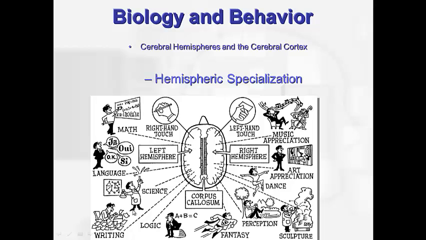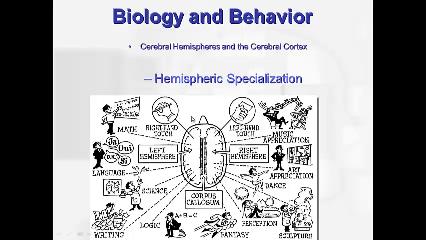Language is also performed in the left hemisphere, along with science, writing, and logic. On the other hand, in the right hemisphere you have music appreciation, art, dance, and fantasy. So in general the left hemisphere is more concrete, while the right hemisphere is more abstract.